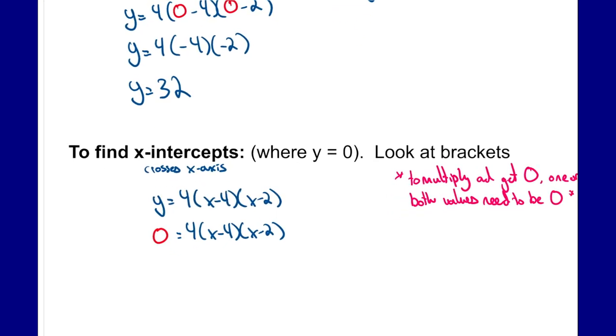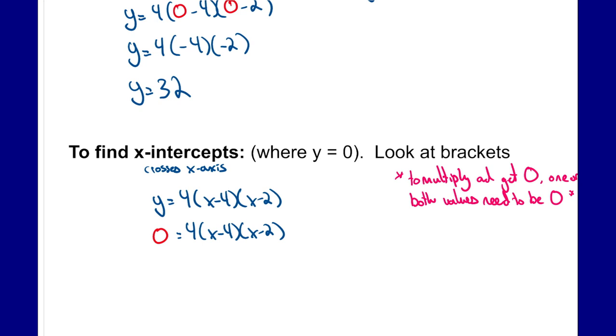Now, x minus 4, this bracket, there's an unknown value for x in the first bracket, and an unknown value for x in the second bracket. So there are values for x that might make the first bracket 0. If the first bracket is 0, then it doesn't matter what the other two are. This will give me 0. If the second bracket works out to be 0, then it doesn't matter what the other two are. The whole thing will be 0.